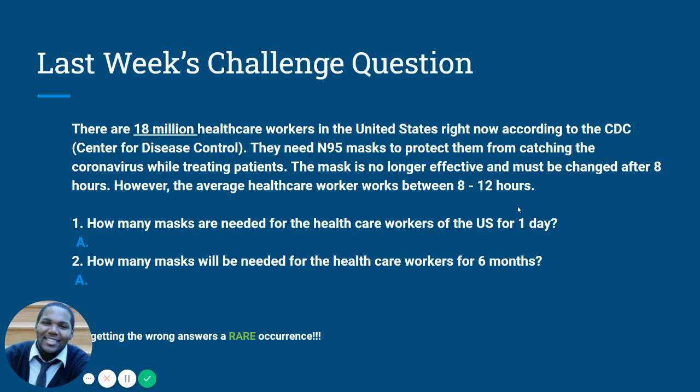So it looks to me that if they're going to exceed 8 hours, they're going to need an entirely new mask in order to stay healthy, because after 8 hours, that other mask is no longer effective. So they're going to need two masks per person. Well, what does that mean? I'm going to underline that. I'm going to put times two, just to remember that this means times two of the masks for one day.